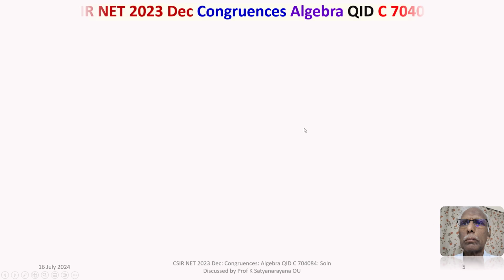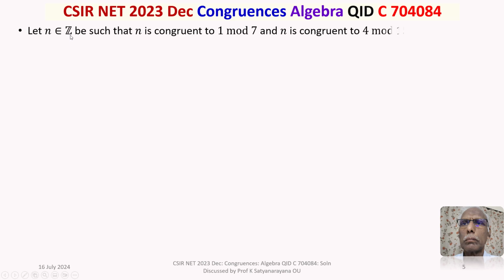The given question is: let n belong to Z, the set of integers, be such that n is congruent to 1 mod 7 and n is congruent to 4 mod 15. Which of the following statements are true?